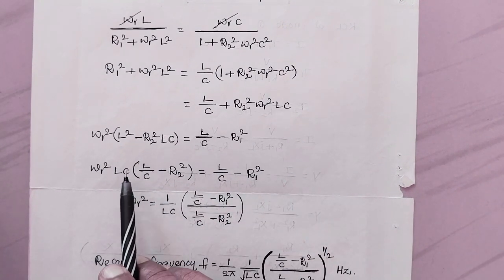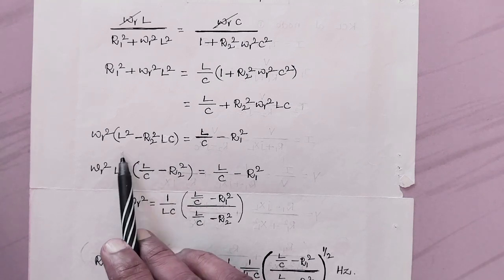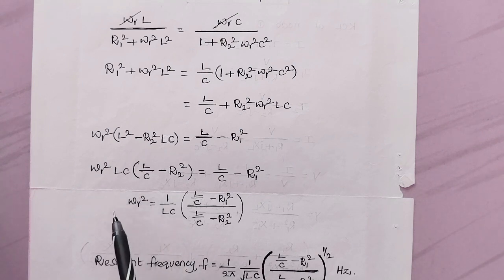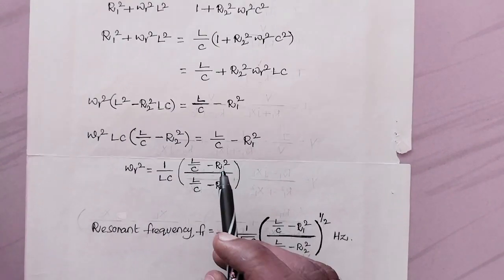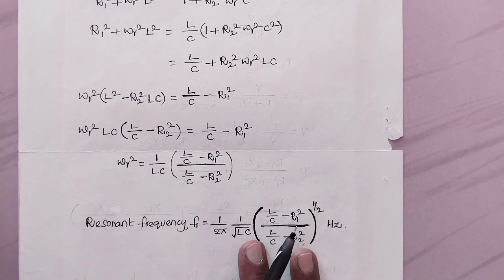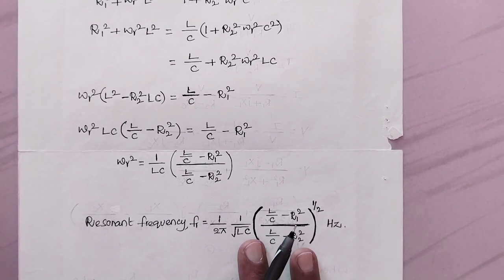Again taking L as common from these two terms, we get this expression. Finally, omega R square equals 1 by LC into (L by C minus R1 square) by (L by C minus R2 square).